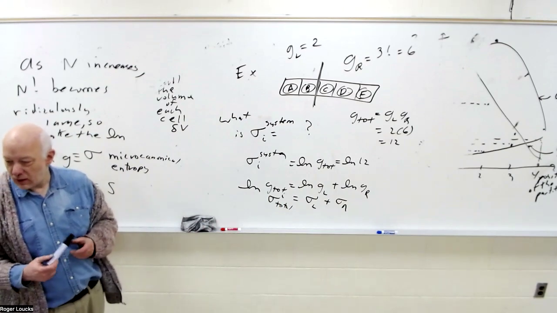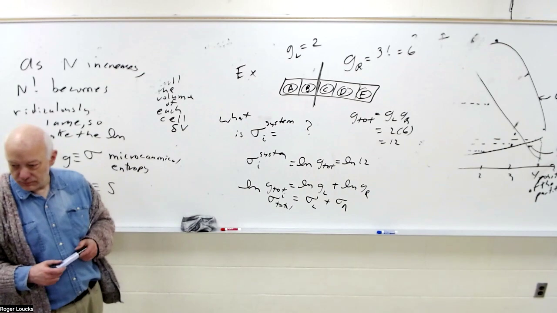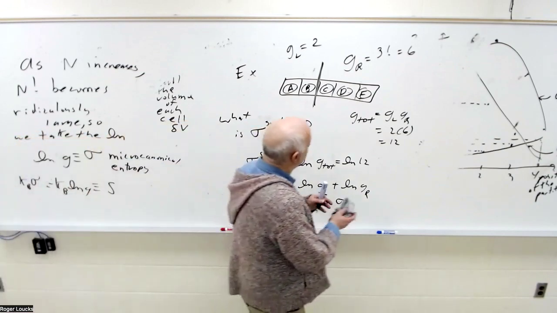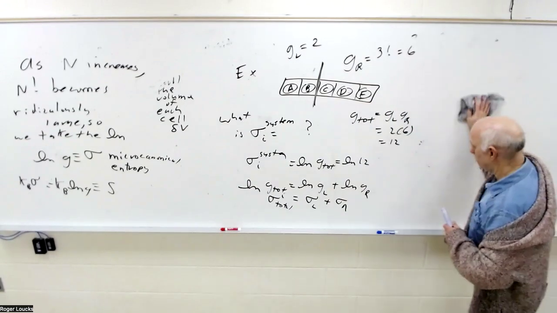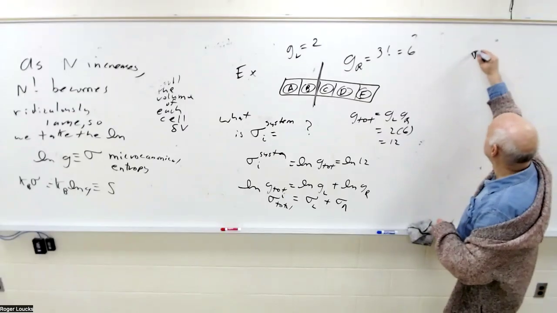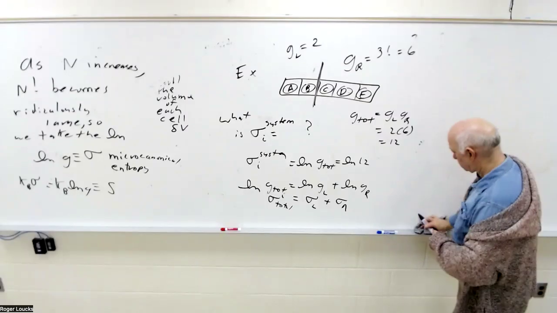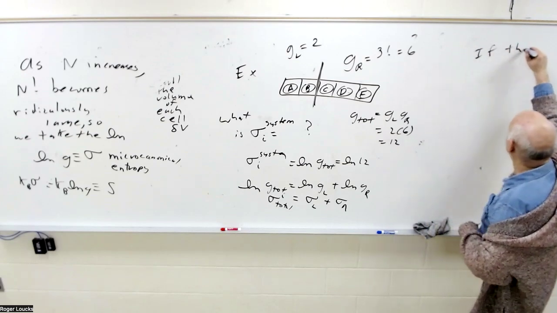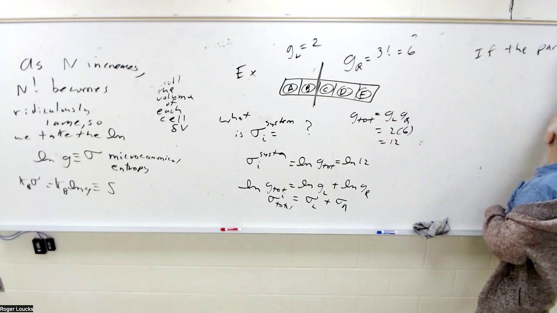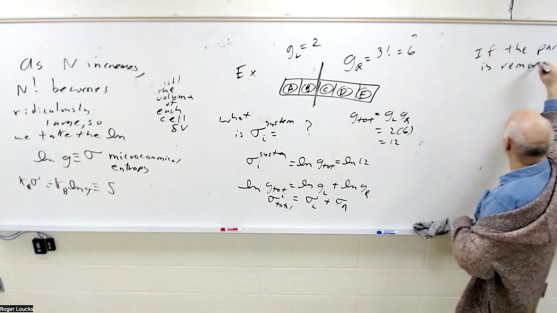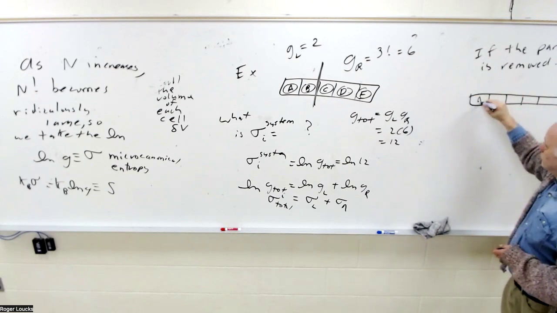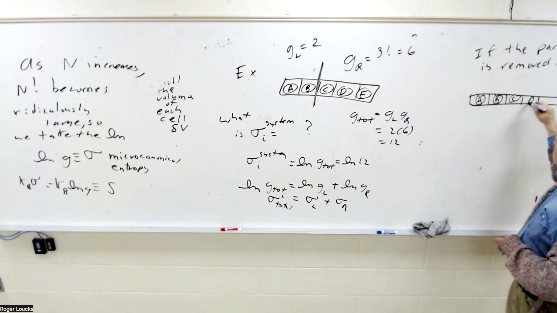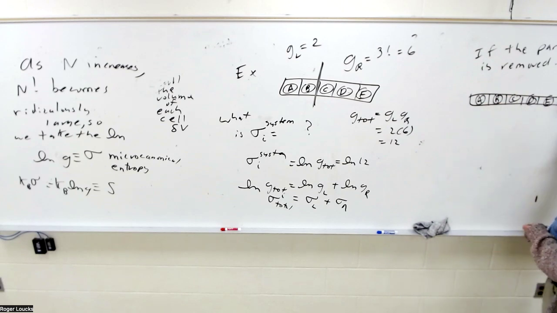And what did we do? We had a nice little example of the second law. When we do that little partition, we took it out. So if that partition's removed, this is A, B, C, D, E. What is my G?